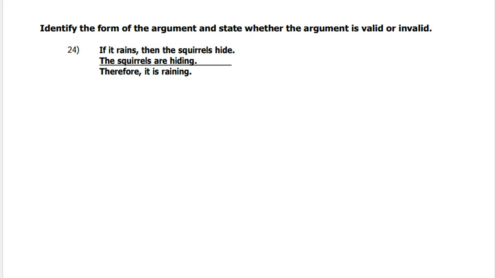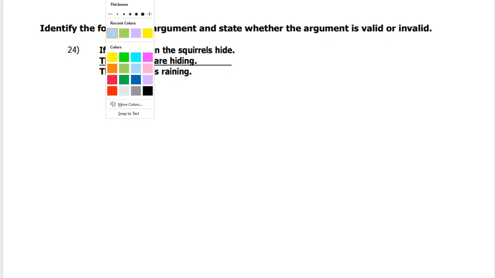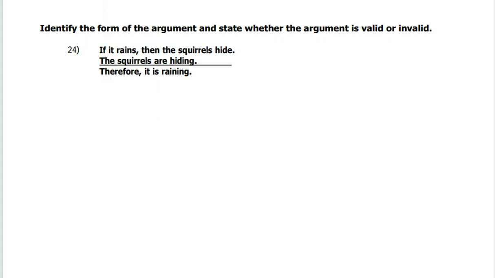Okay, 24 and 25 are identify the form of the argument and then state whether the argument is valid or invalid. All right, this starts with if it rains, then the squirrels hide. So I've definitely got an if-then, and the if-then has the symbol of the arrow.